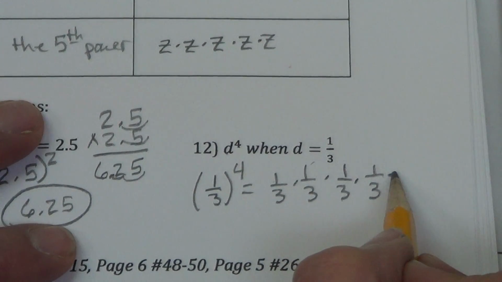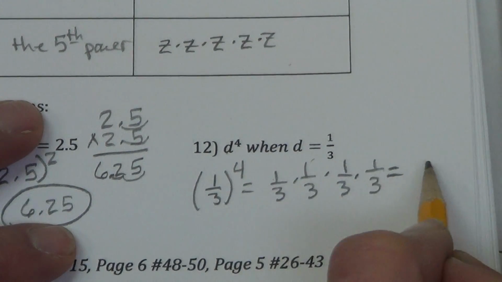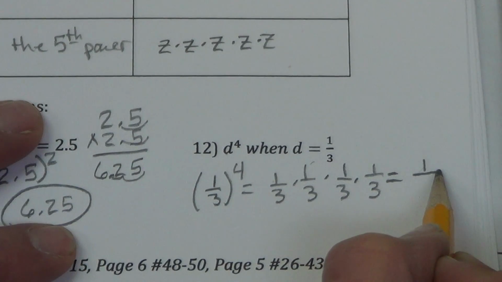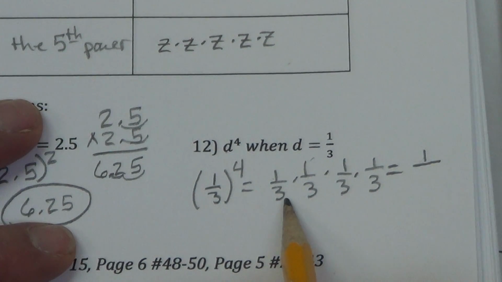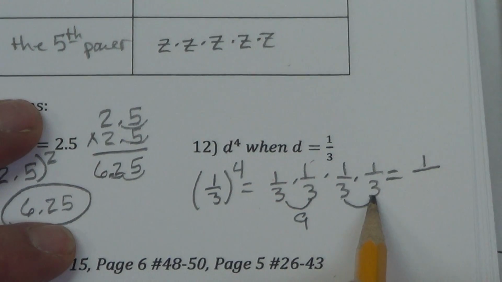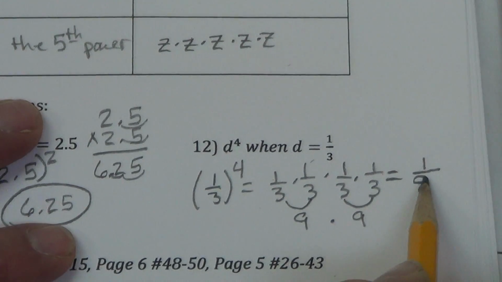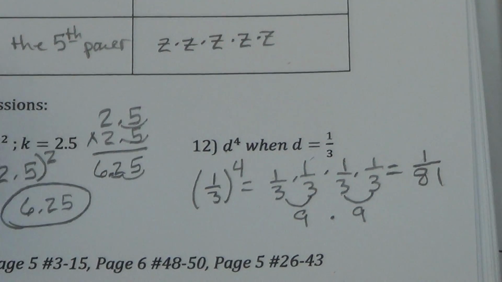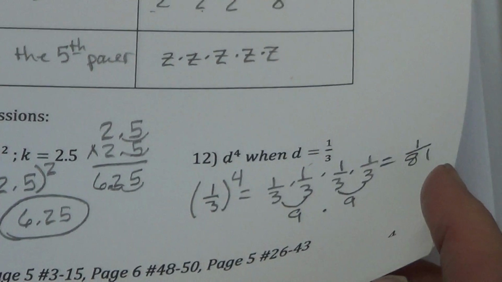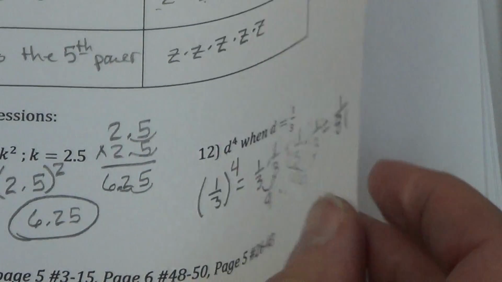Now, I go ahead and I multiply straight. 1 times 1 times 1 times 1 is 1. And then I kind of simplified this in a way. I take 3 times 3 is 9, and 3 times 3 is 9, and then I multiplied 9 and 9, which is 81. Okay, that ends the introduction to algebraic thinking for Algebra 1-1.